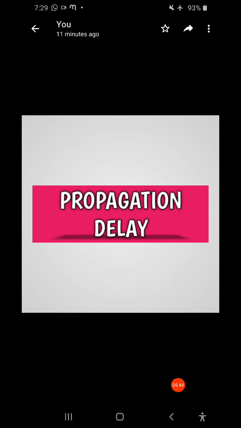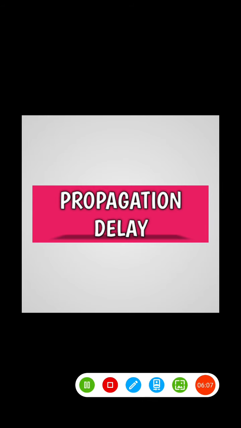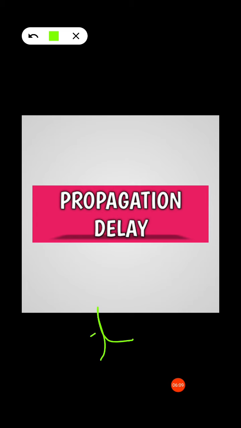Propagation delay is defined as the amount of time it takes for a change in the input signal to produce a change in the output signal. It is always denoted as TP.